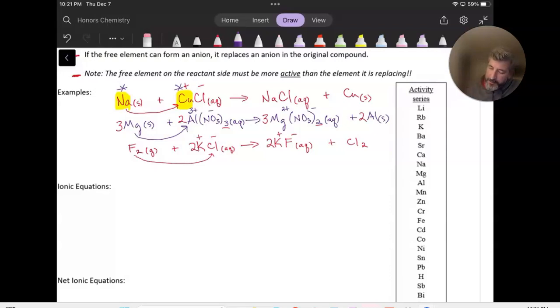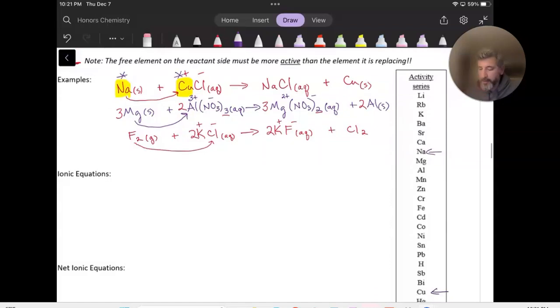And it turns out that sodium is right here, and copper is way down here, kind of towards the bottom a little bit. And so yes, sodium is higher on the activity series, and the activity series just tells us what is able to replace what, what is more active.